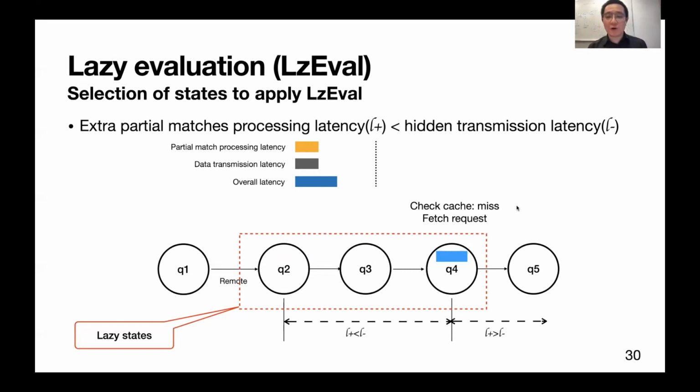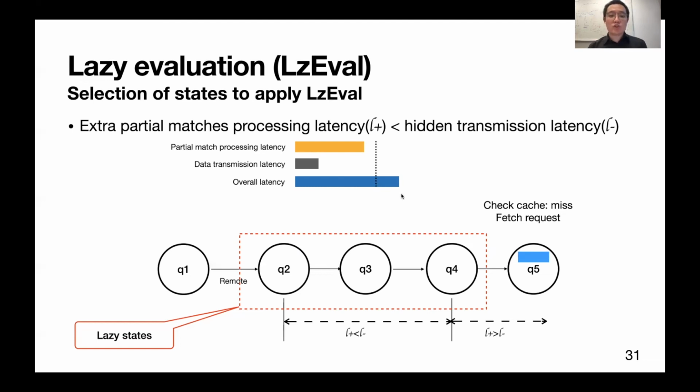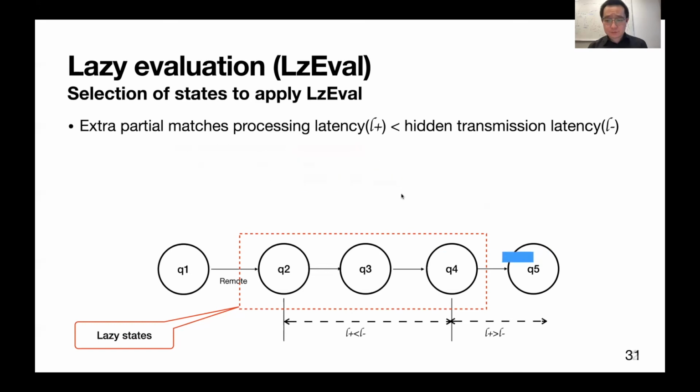Now at state Q4, if we still apply lazy evaluation, then we see that the latency to evaluate partial matches suddenly increases a lot. Even though the data transmission latency does not increase, the overall latency has already exceeded the baseline approaches, and we should avoid this situation.